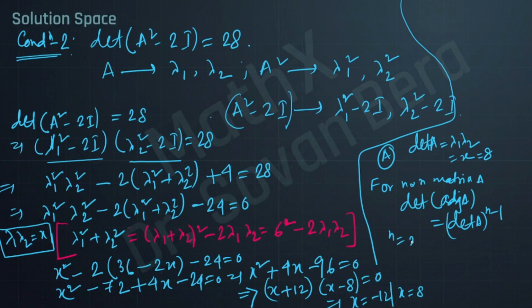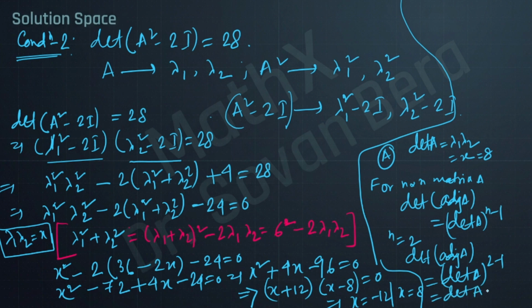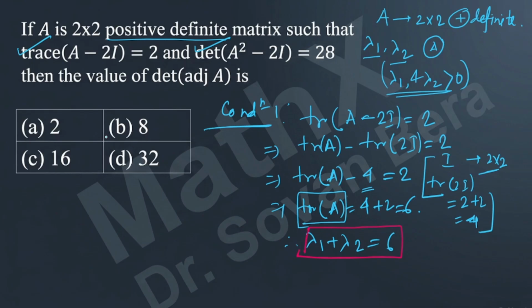Now substitute n equals 2. That is det of adjoint of A equals det of A whole to the power 2 minus 1, that means det of A, that is 8. Therefore, det of adjoint of A equals 8, and only B is the correct answer.